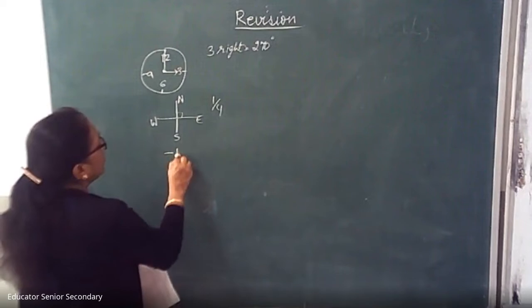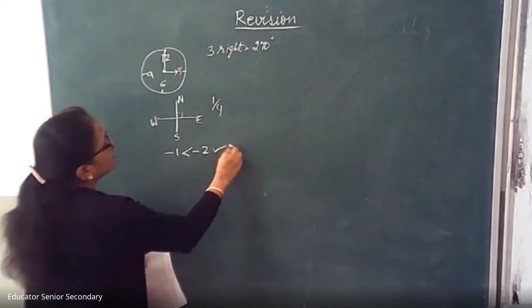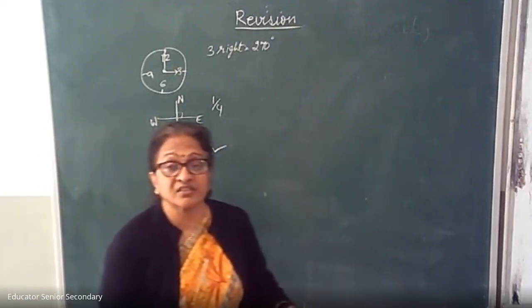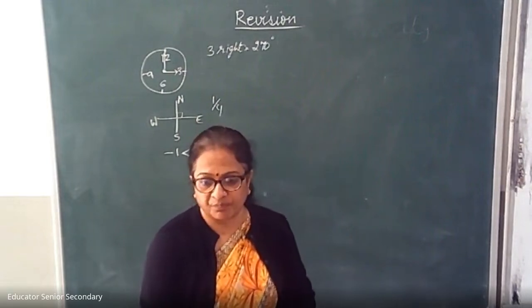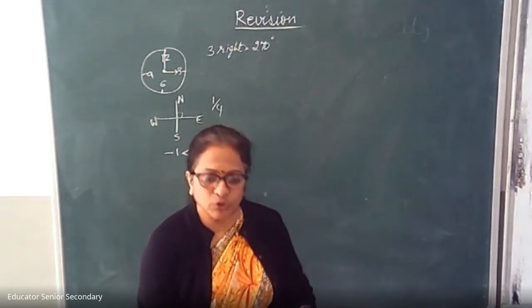Minus 1 is not smaller than minus 2. So this is the correct option because it is asking for the false option. The rest of the three options are true.